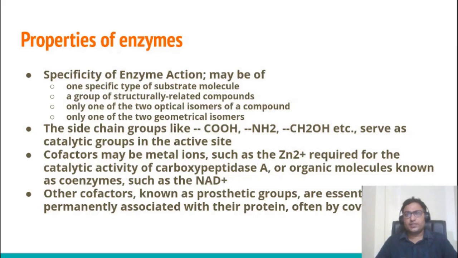Enzymes of DNA polymerization require zinc as well as copper in some cases. Likewise, even magnesium. So specific enzymes require specific ions for their proper functioning or their catalytic power, and those ions are known as cofactors.